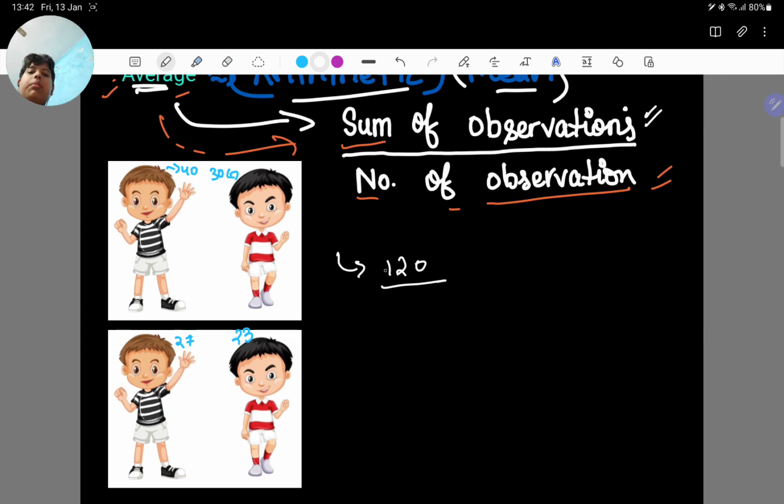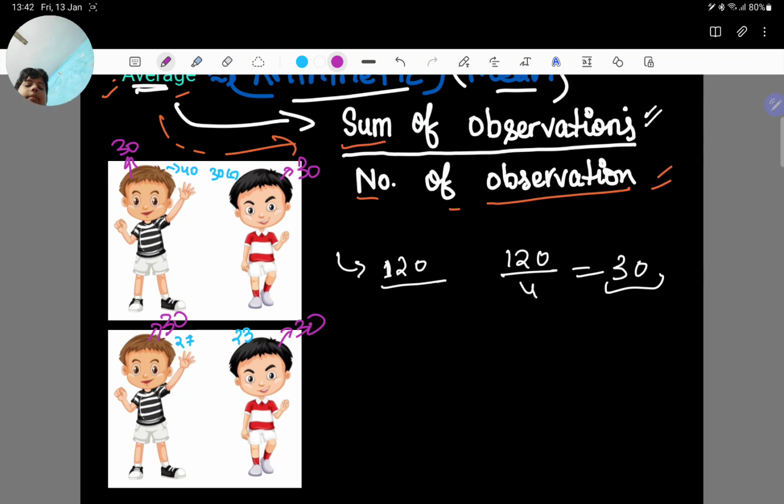The sum will be 120, and then the average will be 120 upon 4, which is 30. And now we can also say that if we give all these children 30 kgs of weight each, the sum comes to 120 as well. But this is the formula.